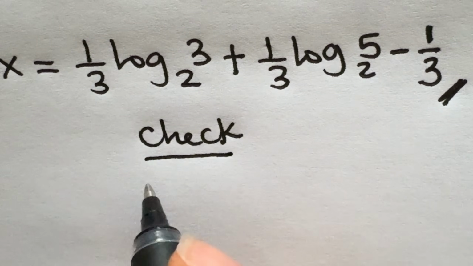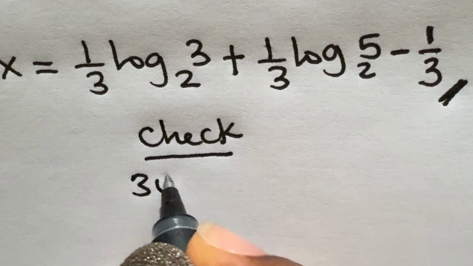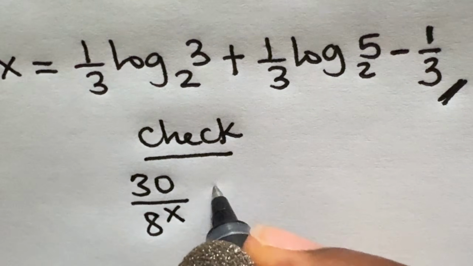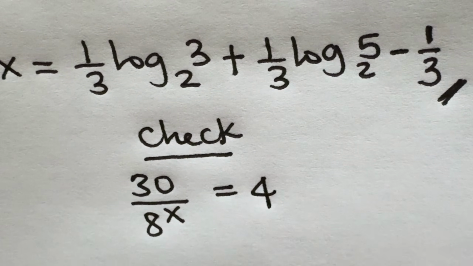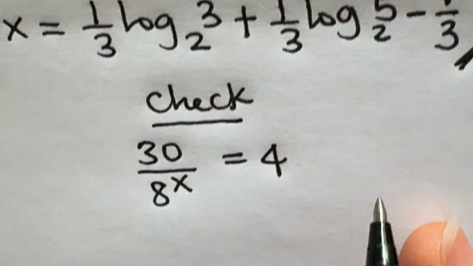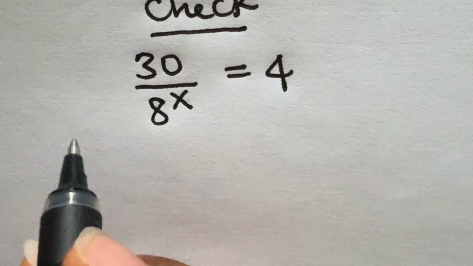The actual problem given was 30 divided by 8 raised to power x to give us 4. Since the x is at the denominator, let us first iron out 8 raised to power x.